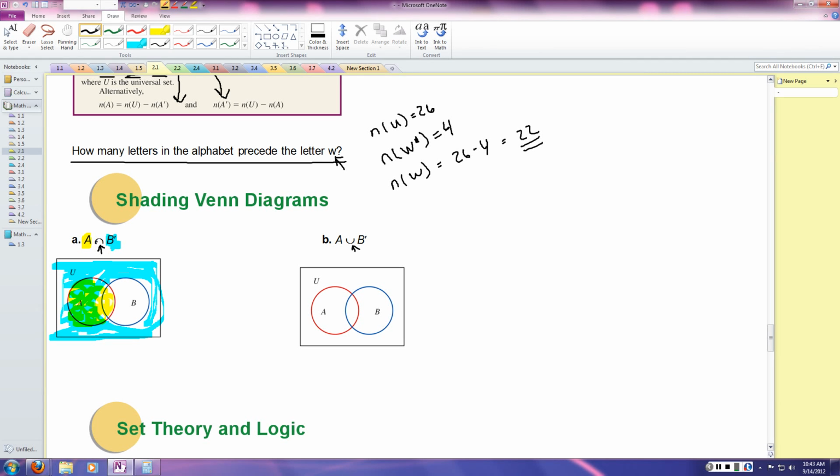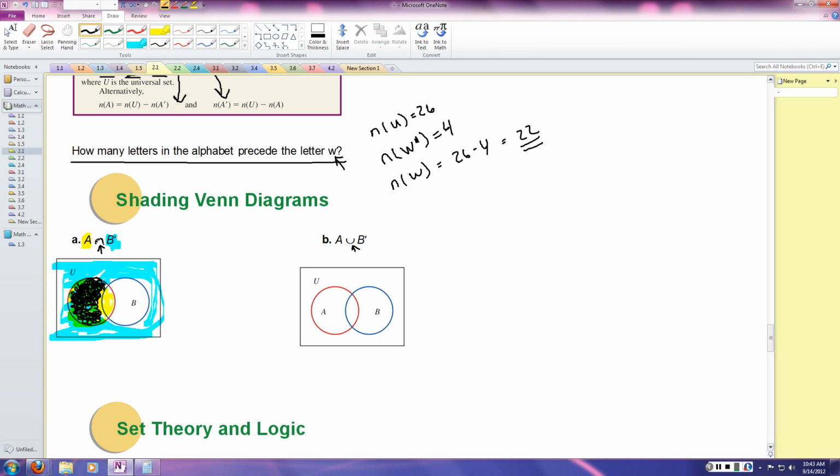This is the intersection. So that means where they overlap. So they overlap in this area here, right? Because I have both blue and yellow highlight in this area. So A intersection with not B would be this area.